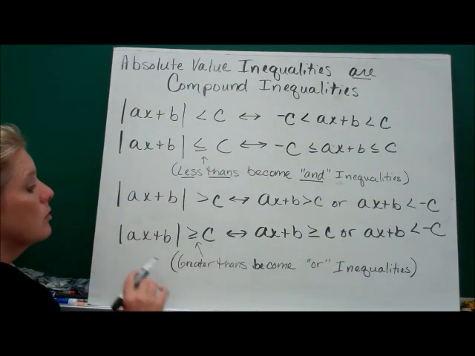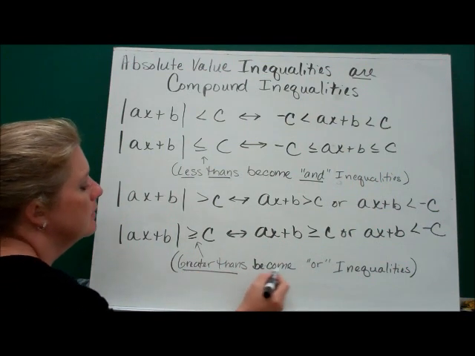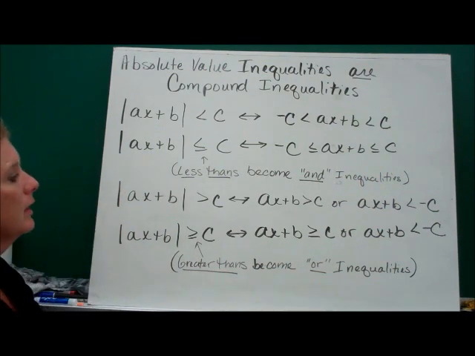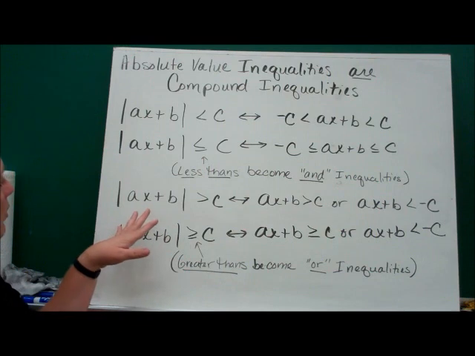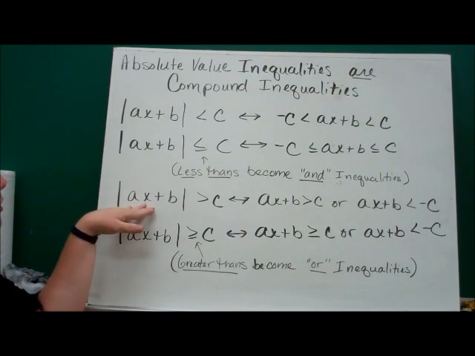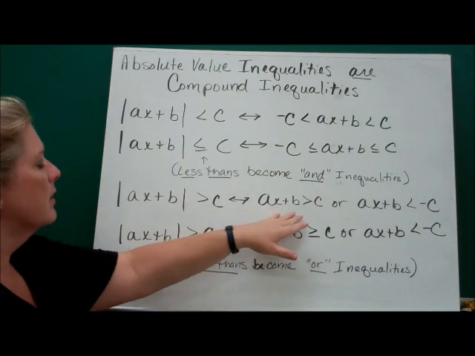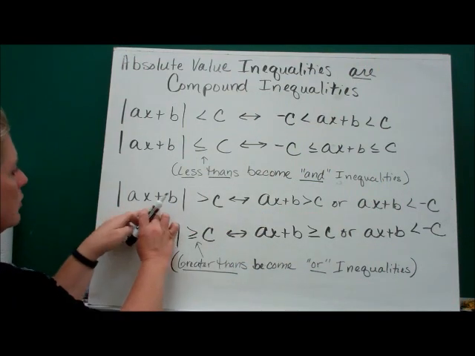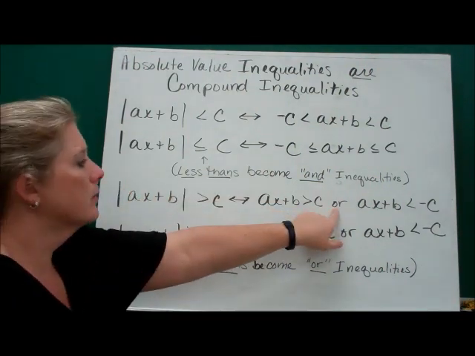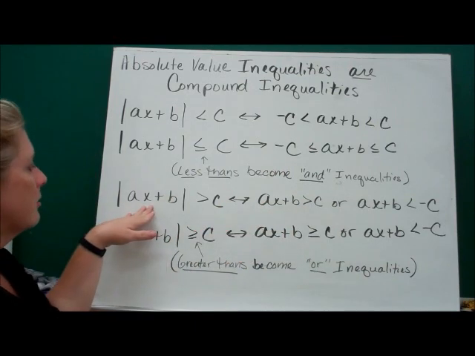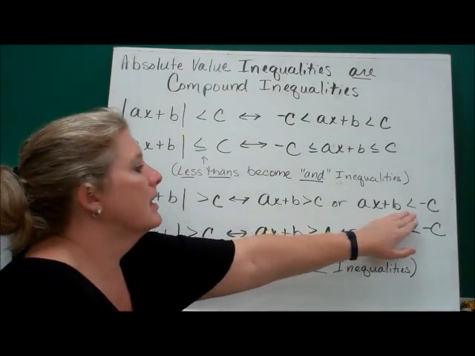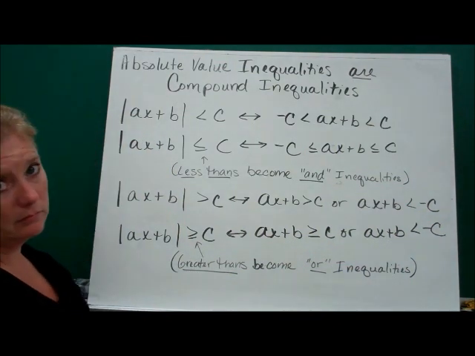Greater thans become an or inequality. Okay? When we rewrite it, we've got the absolute value of ax plus b is greater than c. That means ax plus b must be either greater than c, so just like it was here, or ax plus b is less than the negative of c.